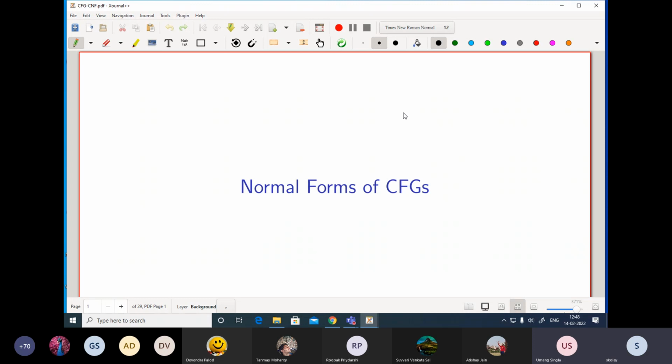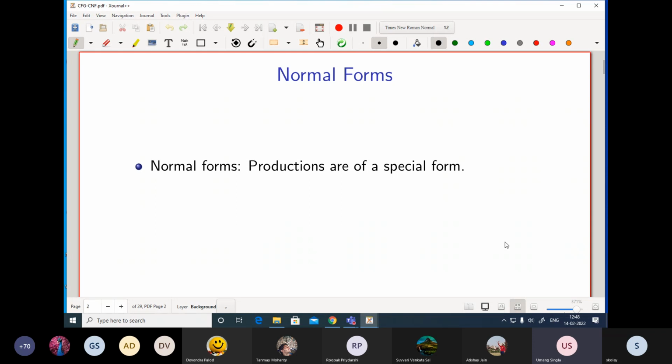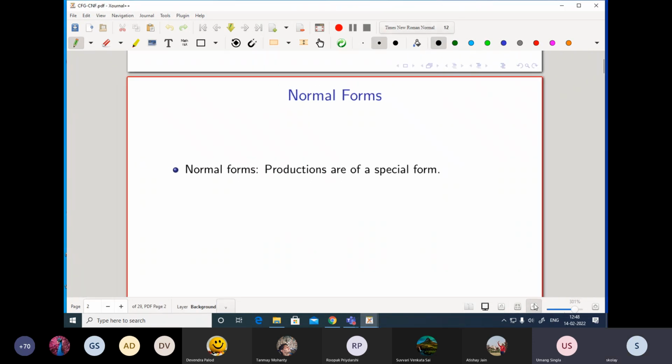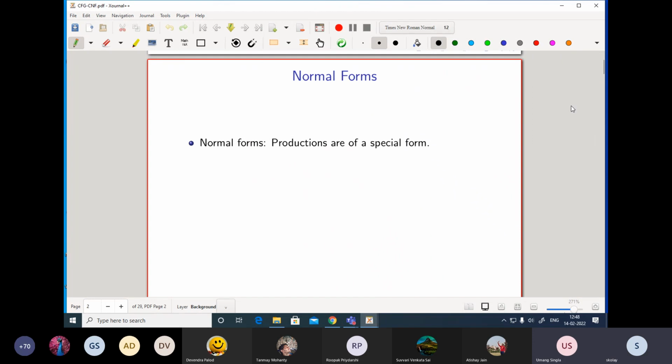This is where normal forms of context-free grammars come in. We will be looking at some special forms of productions, or how to convert. You give me any set of productions. Is there an algorithm to make sure that each of these productions look a certain way? So these are called normal forms.